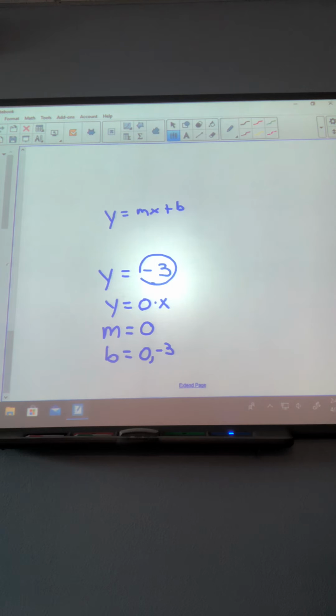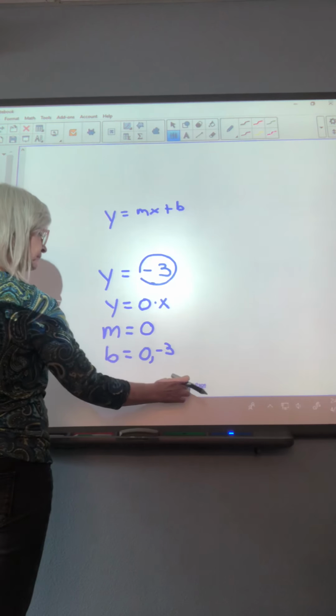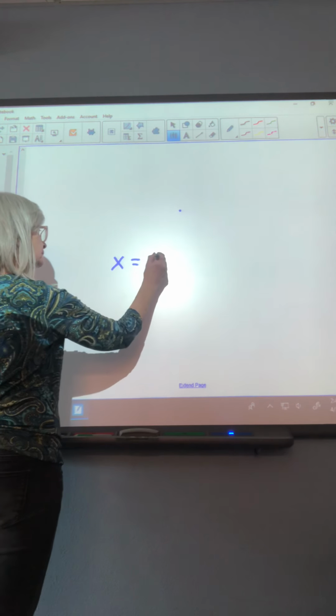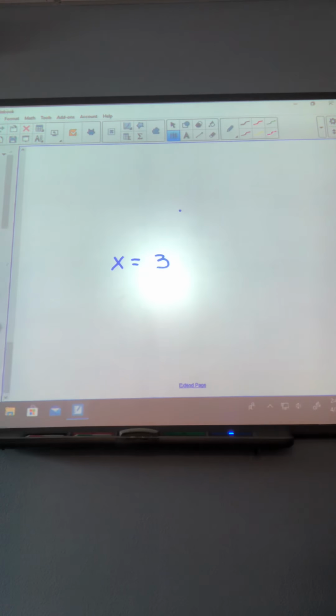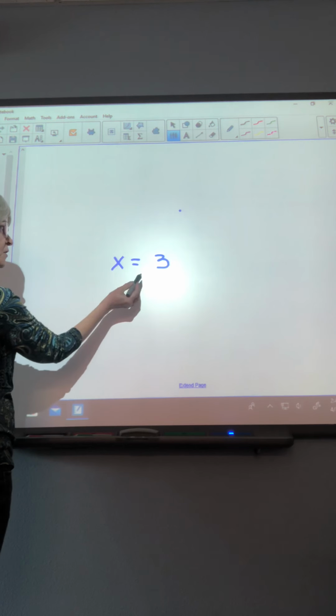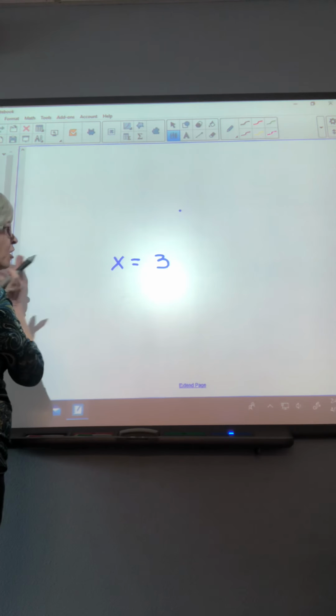All right, and E, we have x is equal to 3. So for x is equal to 3, it looks different because we don't really have the slope, we don't really have a y. All we have is x is equal to 3.